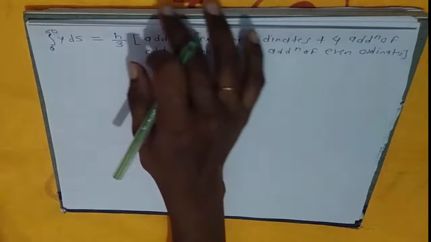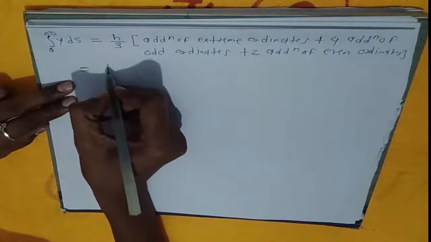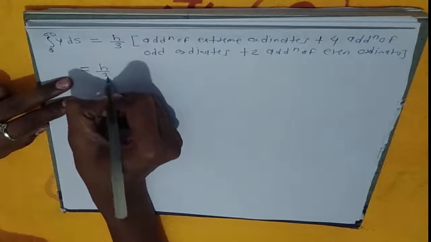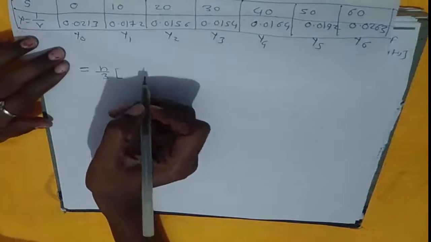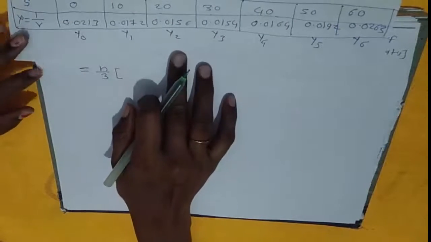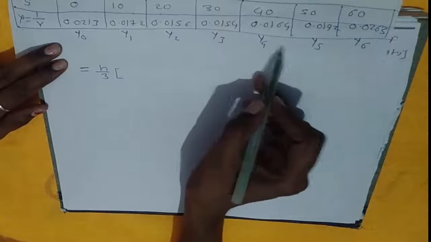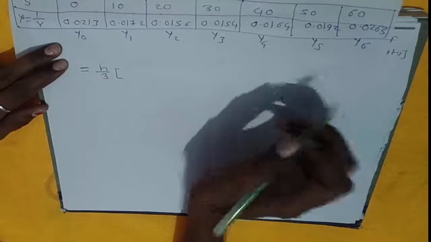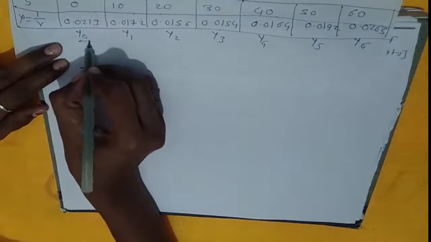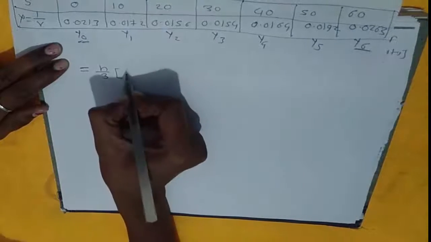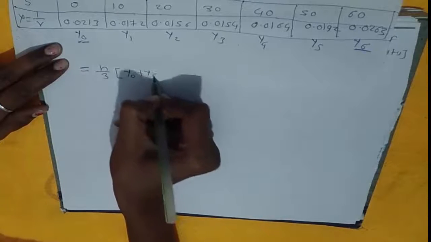Okay, so using this we calculate the integration. h divided by 3 stays as it is. Given the ordinates y0 to y6, that is 7 ordinates, the extreme ordinates are y0 and y6, so first y0 plus y6.